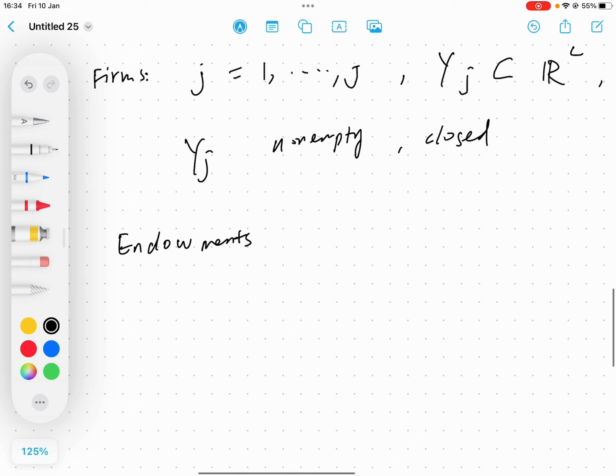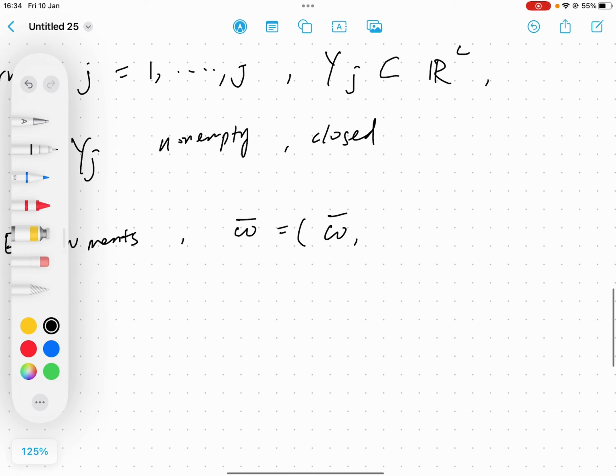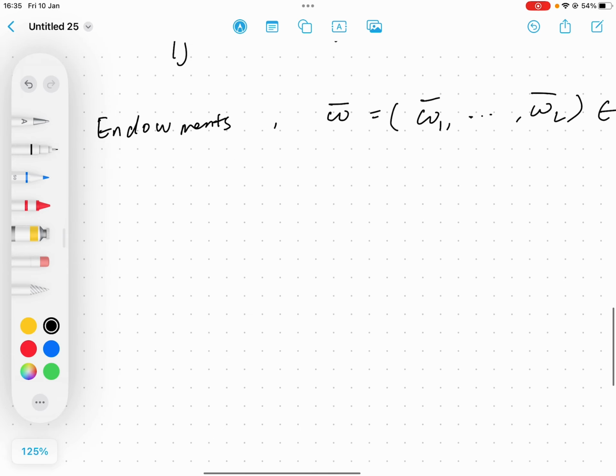Okay, endowments. This would be represented by the Greek letter omega, so that would also be a vector. Be careful, don't mix this omega with w, which is the wealth. Omega 1 up to omega L. All right, good. So the basic data, or the observation, or just the space of preferences, technologies, and the resources or endowments for this economy.